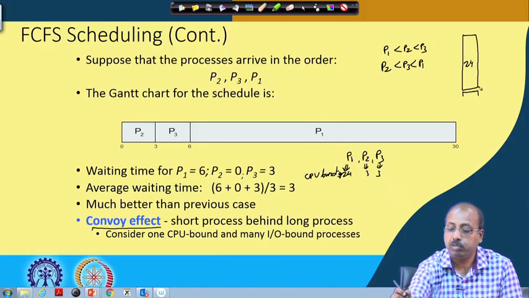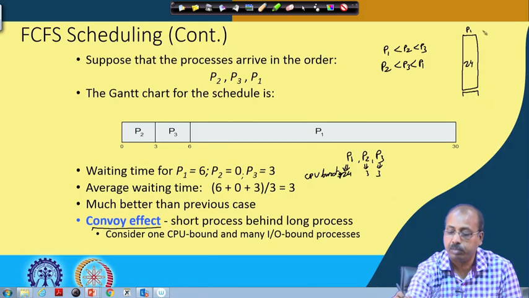On the other hand, P2 and P3 are very simple. Once P2 gets a chance for execution, it executes for 3 time units and then it goes into IO operation. P3 is similar; it executes for 3 time units and then goes into an IO operation.